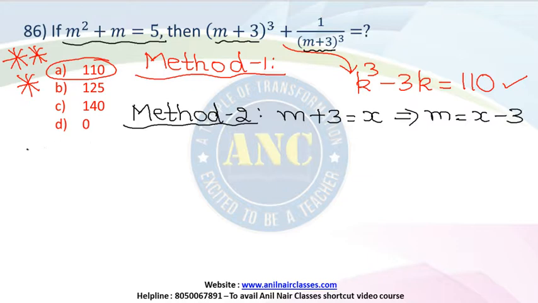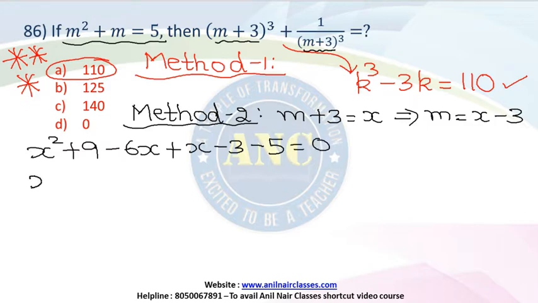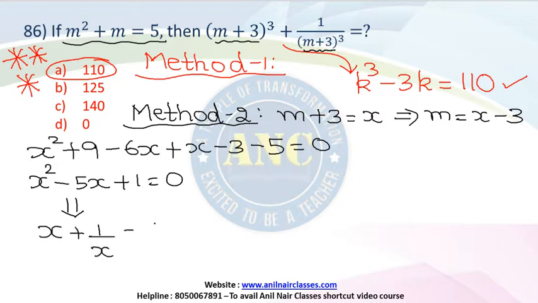m square becomes x minus 3 whole square, that is x square plus 9 minus 6x, plus m which is x minus 3. Shift the right hand side 5 to the left hand side, it becomes minus 5. So the entire equation becomes x square minus 5x plus 1 equal to 0. From this it is easily calculated that x plus 1 by x is 5.